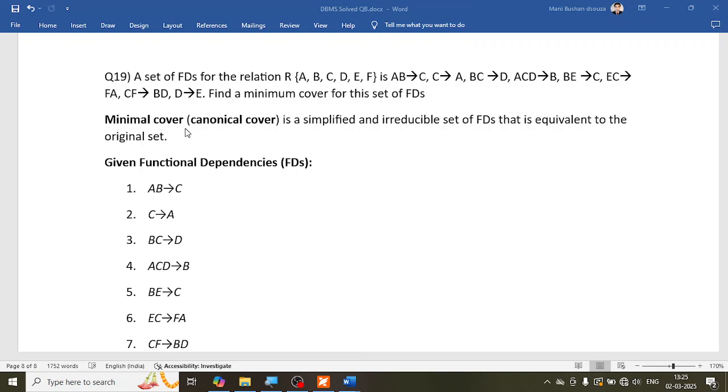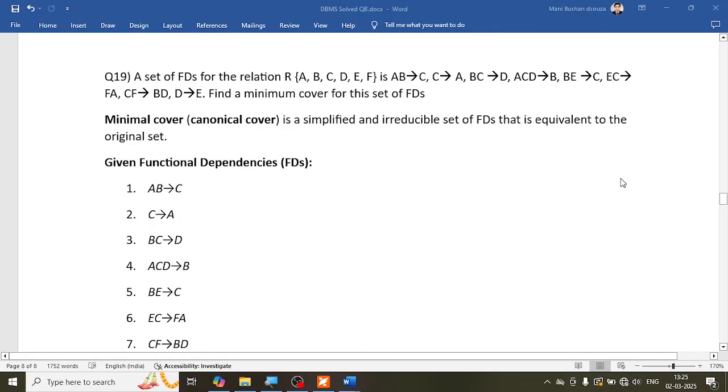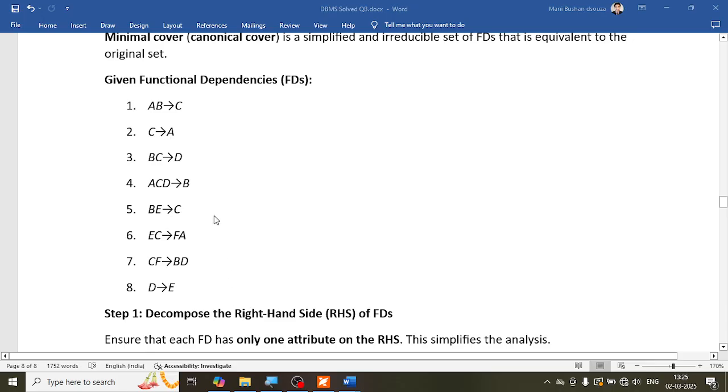So now, as usual, how to solve this particular problem? First of all, let us write all the functional dependencies. This is what you are supposed to do whenever you get a question on functional dependency or normalization. First, write down all the functional dependencies. I have written all of them one after the other, and you notice that there are 8 functional dependencies, or FDs, given to you.